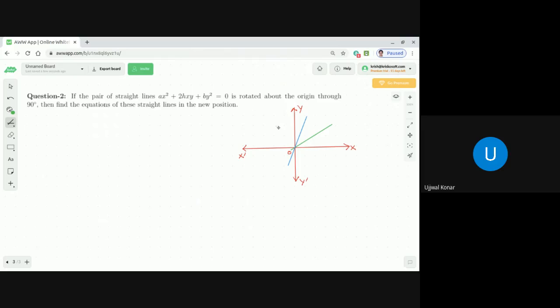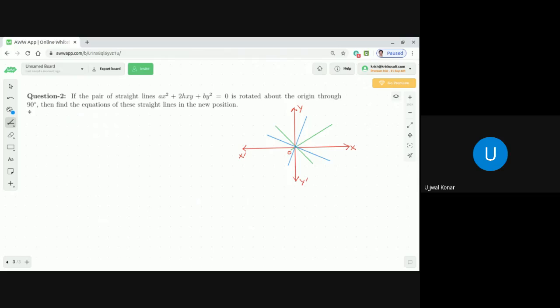It is 90 degrees with respect to its previous position. Correct? Then the blue line also is rotated because they are jointly rotated. That means that straight line should be something like this. No, it is not drawn very properly. It should be something like this after rotation.